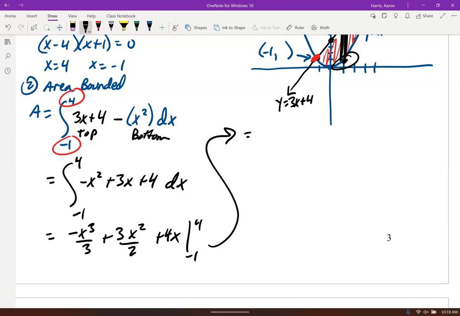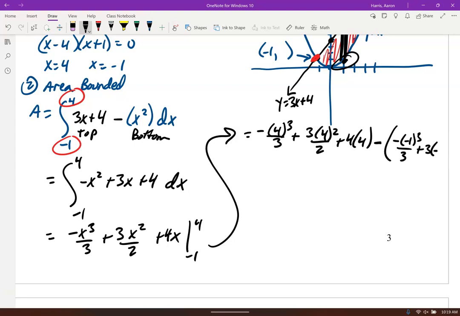And so I got -4 cubed over 3 plus 3 times 4 minus, now I got to throw in my -1. Sorry, I'm running out of room.